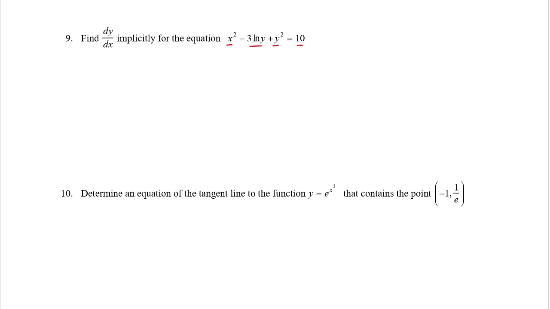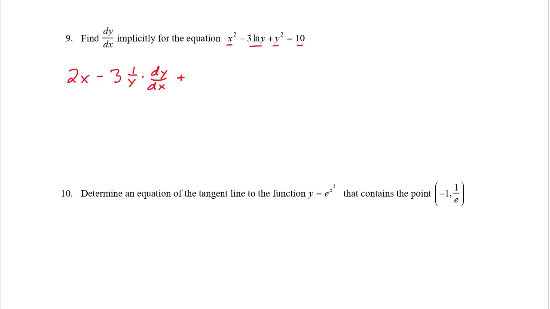So x squared's derivative, that does not have y, so that's just going to be 2 times x, and technically you could say it would be times dx over dx, which equals 1. Then I've got minus 3 times a u prime over u for the natural log of y. Well, that would just be a 1 over y, but because that was the letter y, also times a dy over dx, or the derivative of y with respect to x.